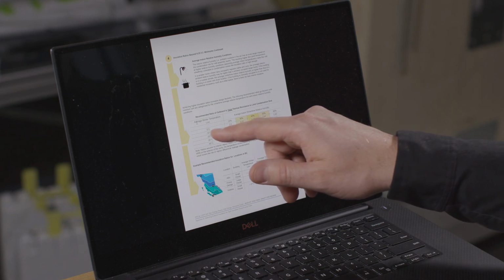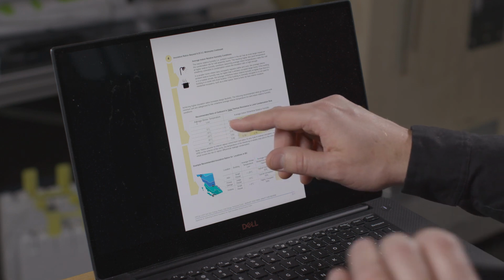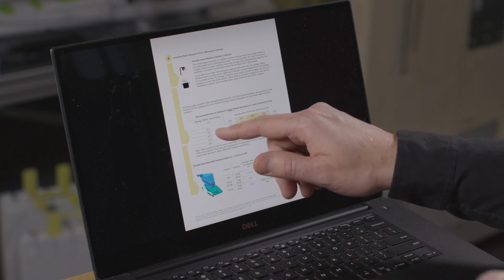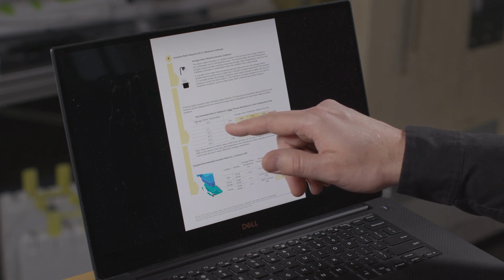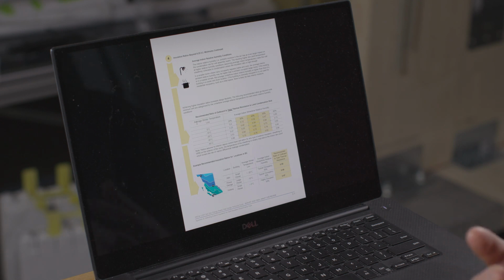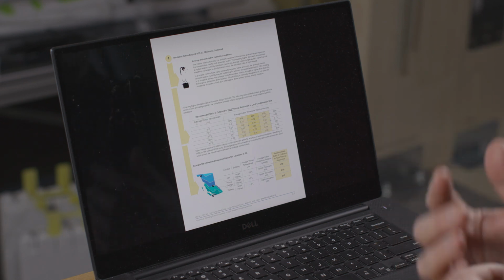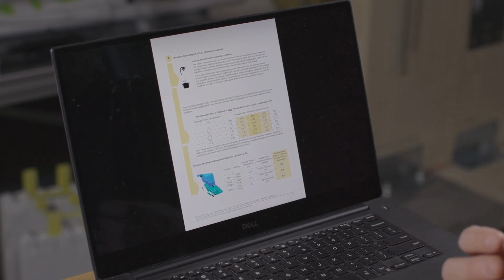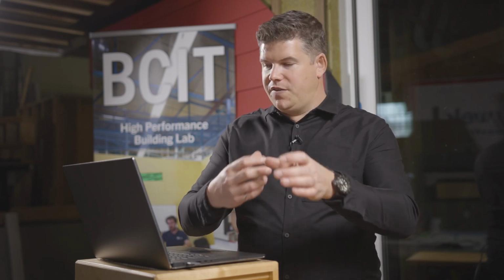Let's just say you're designing for 0 degrees, so in coastal BC, 0 degree average at 50% humidity, it says I should have around 47% or 0.47 ratio, outside to total. And that means I should have 50-50, R20, R20. That's what a 50% ratio means.